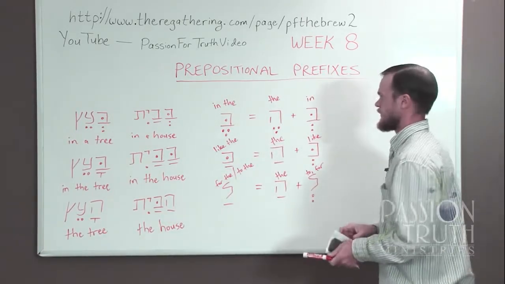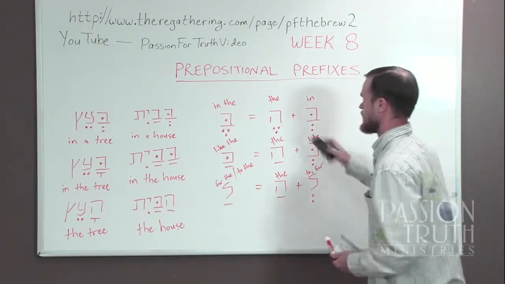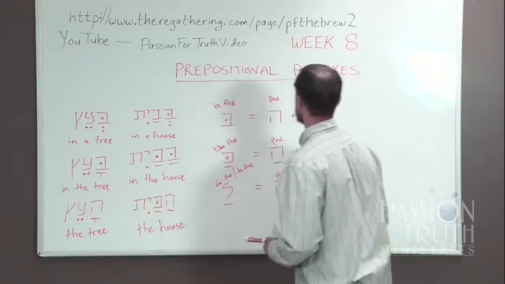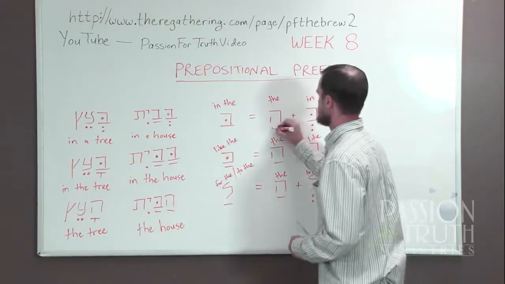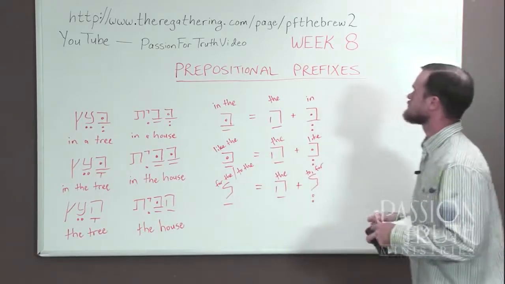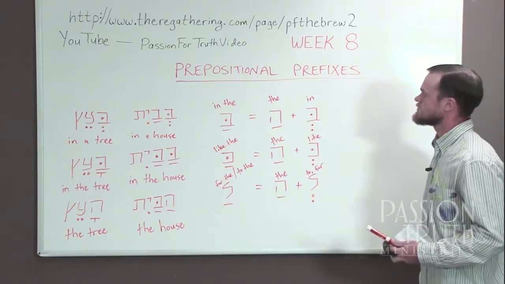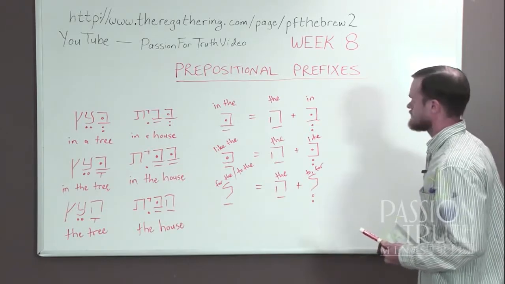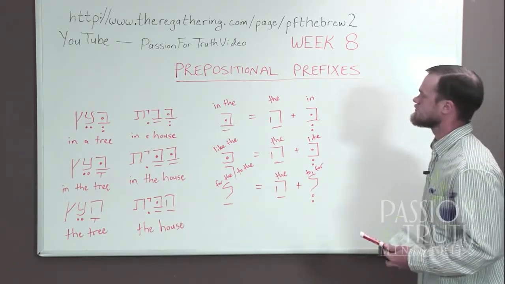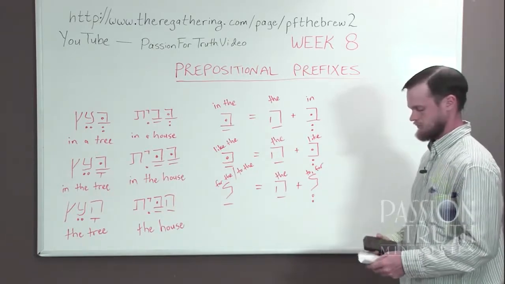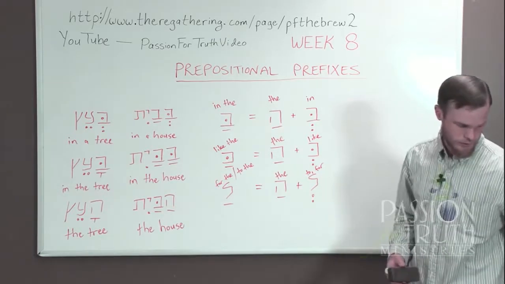So whichever vowel the definite article takes carries through to the combination.